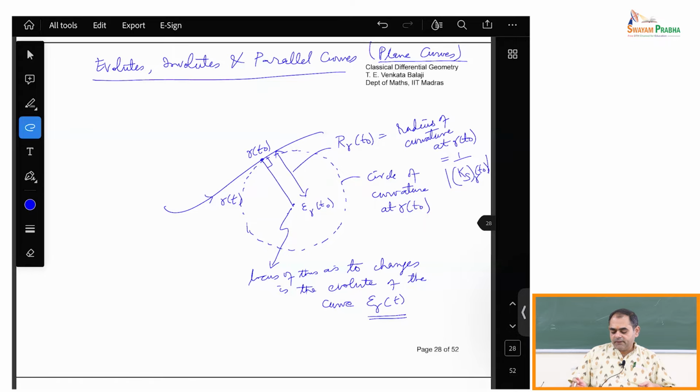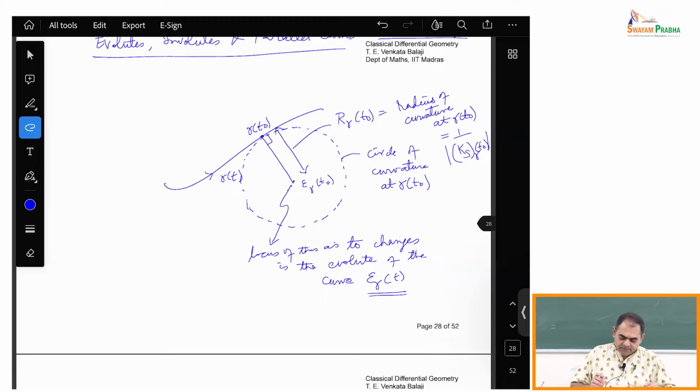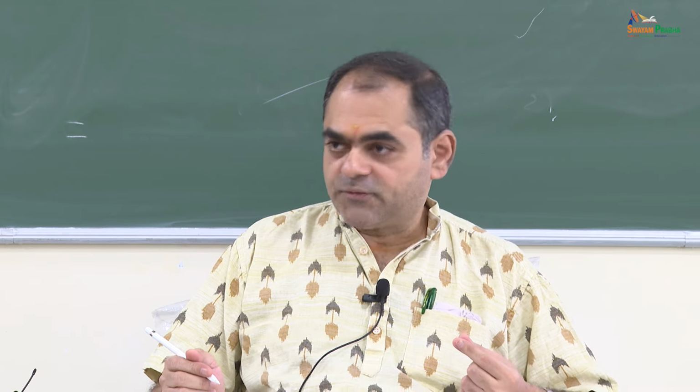So now how do you write this thing? You can write this using the sine normal and the sine curvature. That was the context in which the sine curvature was introduced.